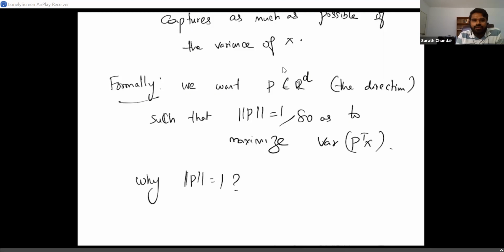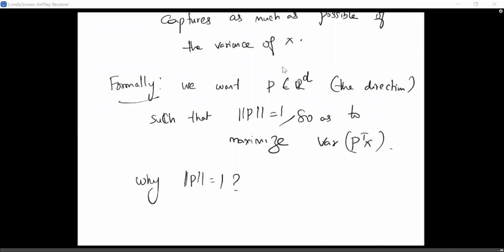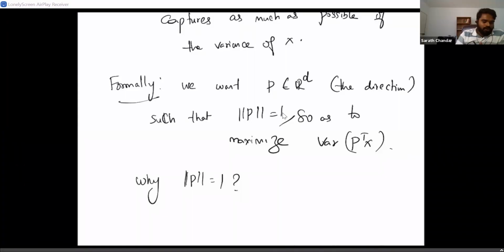Otherwise, your optimization problem is unbounded. You can increase p to whatever value. Yes. If you don't bound the value of p, you could just keep on increasing it, so you can maximize the variance by letting the norm of p tend to infinity.